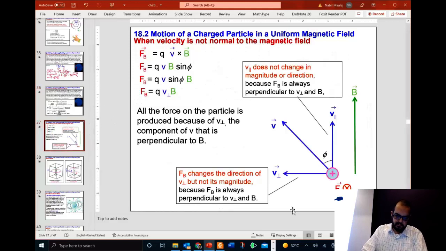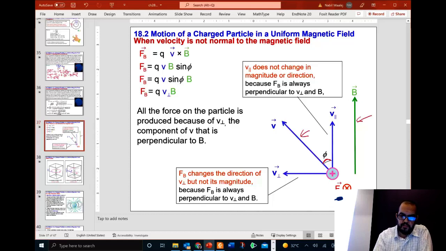Okay, now let's assume we have this situation. We have the magnetic field vector B, and a velocity vector v. The velocity vector has two components, one parallel to B and one perpendicular to B. If phi is the angle between the velocity vector and the magnetic field vector, v parallel is v cosine phi, and v perpendicular is v sine phi.